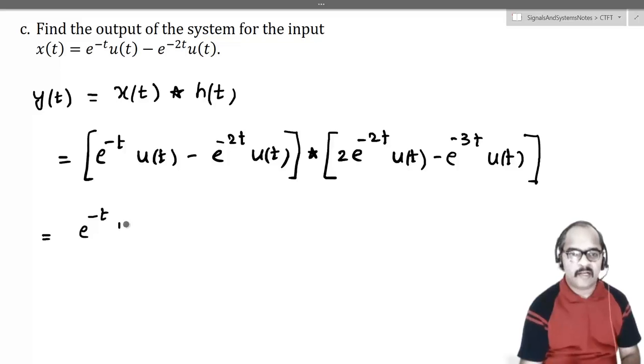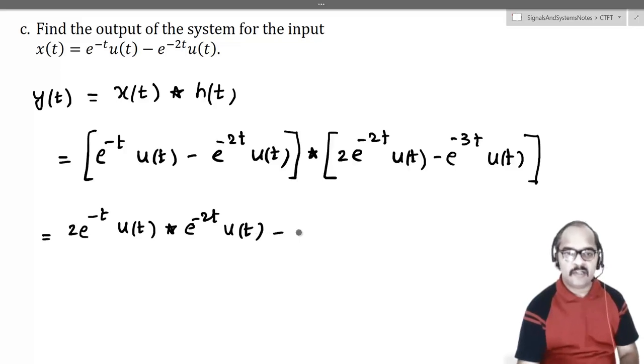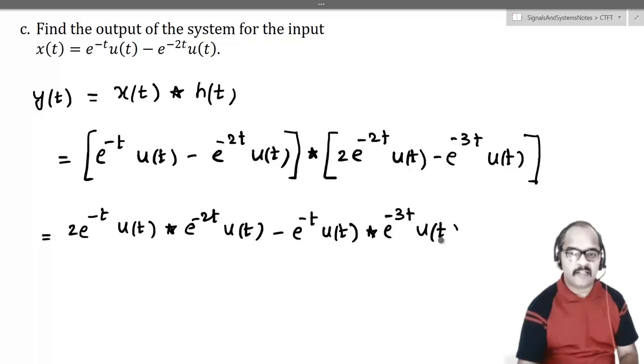Distributive property. You will get e power minus t u of t convolved with the whole term: 2 e power minus 2t u of t, that is the first term, minus e power minus t u of t convolved with e power minus 3t u of t, that is the second term.